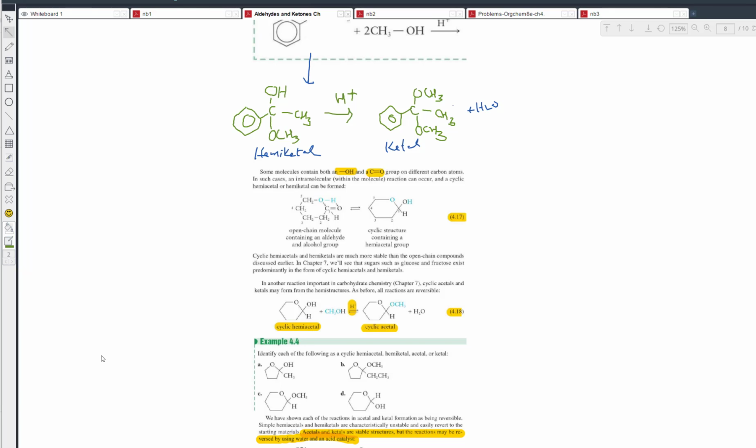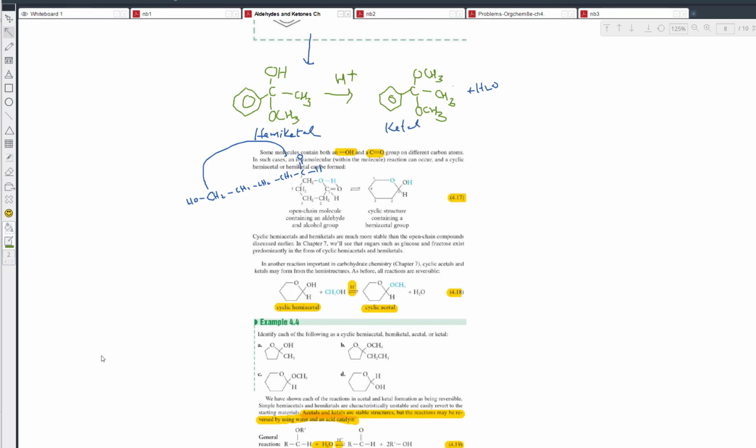Basically, it is like this. CH2OH, and then you have CH2, CH2, CH2, and 1, 2, 3, 4, and then you have C double bond O and H. Am I right? You are bending these two, combining them like this to make cyclic.